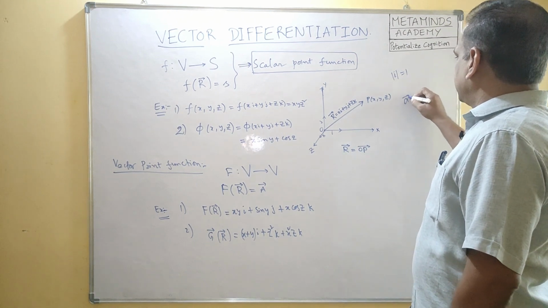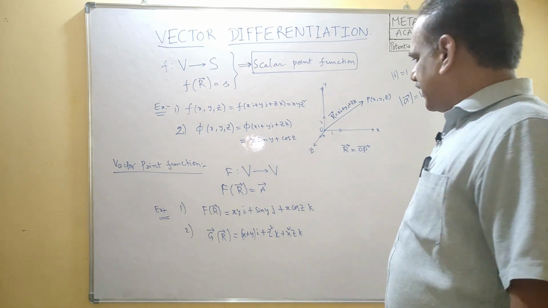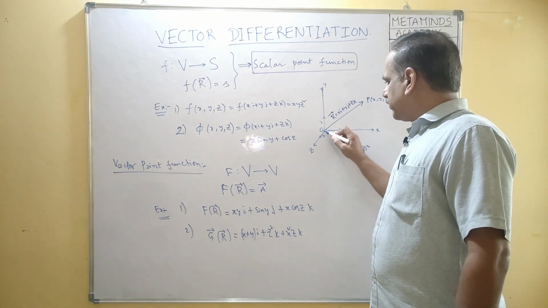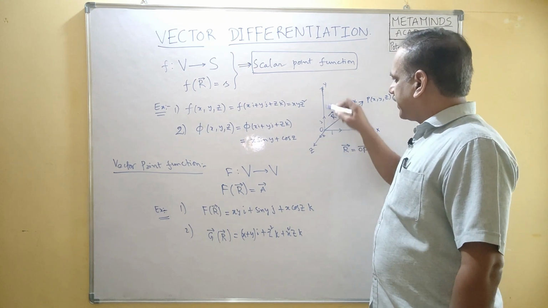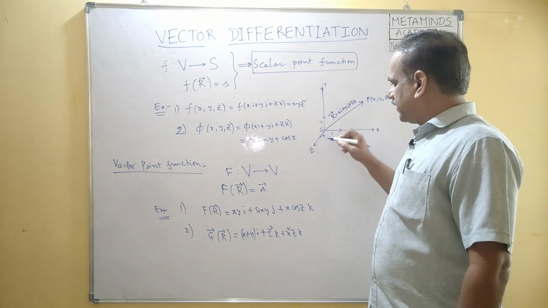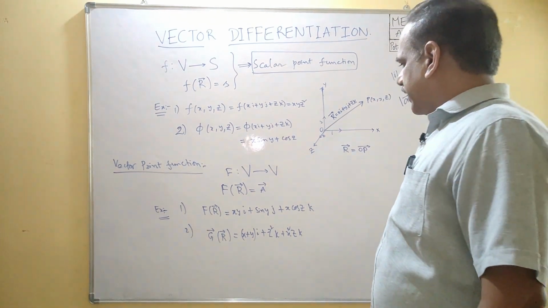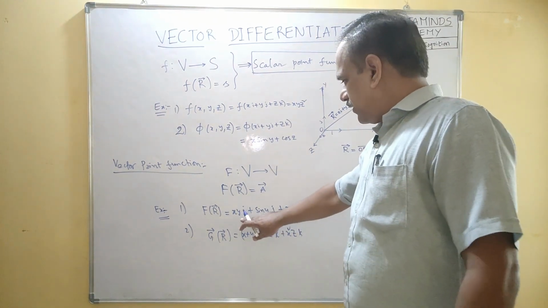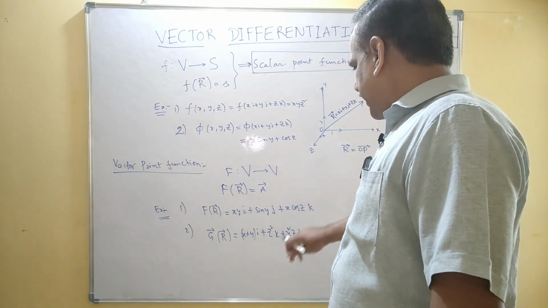A bar is said to be a unit vector if its length is 1. So we take the unit vector in the direction of x and name it i. In the direction of the y axis it is named j. In the direction of z, it is denoted by k.